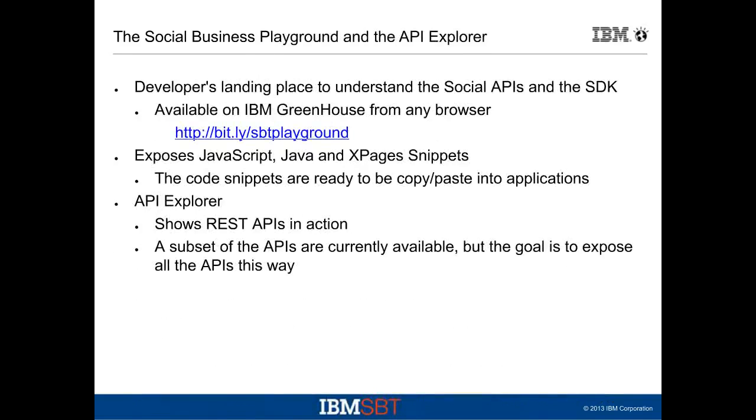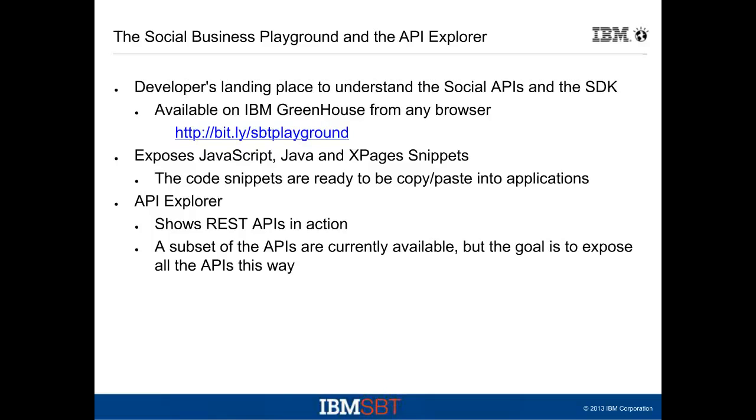So to showcase all these samples, we have what we call the Social Business Playground that also includes an API Explorer. So you can actually connect to this because it's a cloud application running on IBM Greenhouse. So you can see the URL here, which is bit.ly SBT Playground. And from this playground, you can see all the samples that I talked about, all the JavaScript samples, the Java samples, and the XPages snippets.